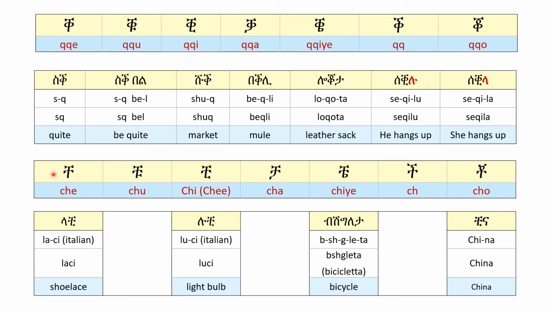The letter che, chu, chi, cha, chie, chi, cho. This letter is not so much used in Tigrinya. That's why we have here words which derive from the Italian language.